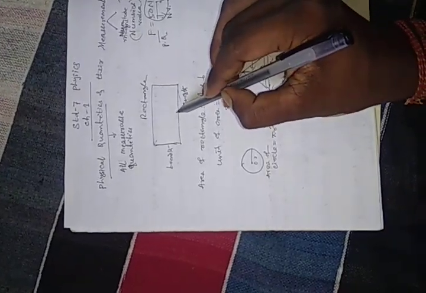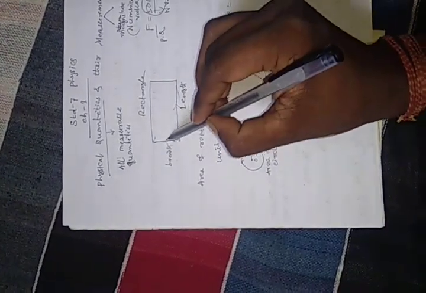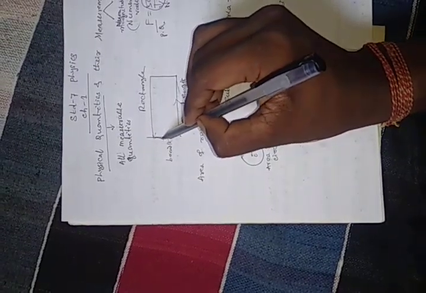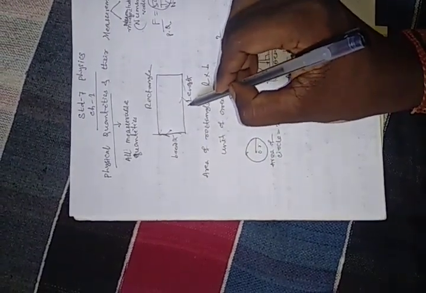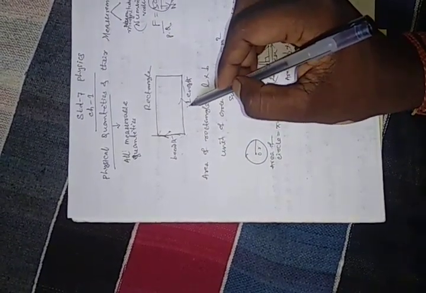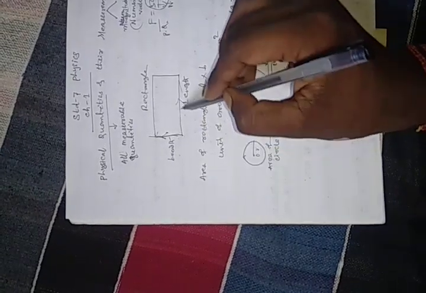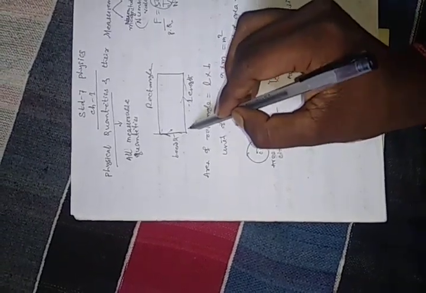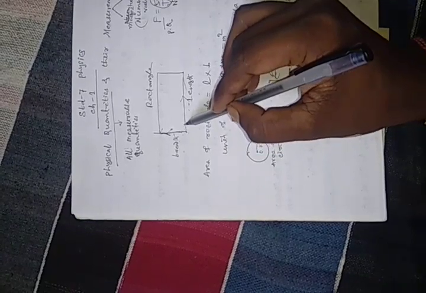The rectangle extends along its length and it also extends along its breadth. So it has two extensions, one along the length and another along the breadth. So it is a two-dimensional figure and the region enclosed within the two-dimensional figure is called its area.